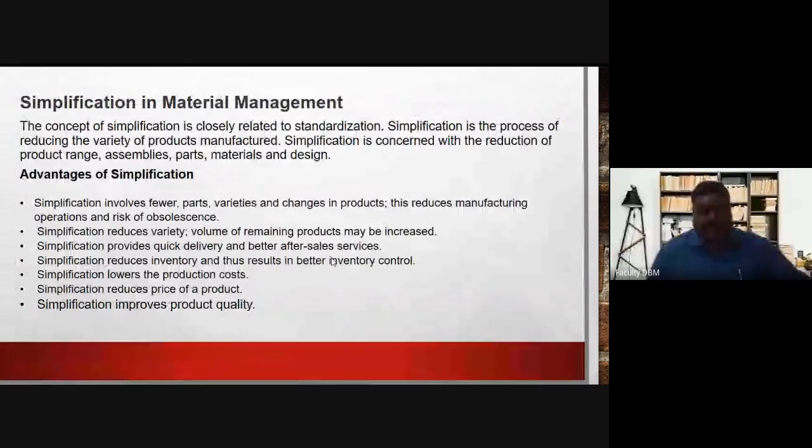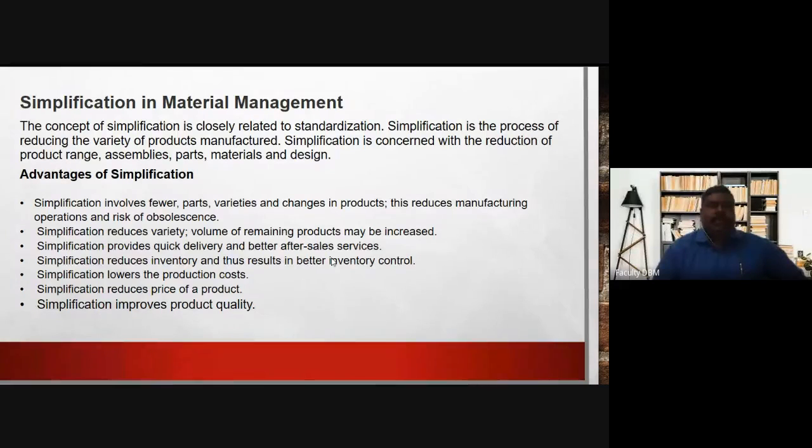To make standardization of these materials and simplification of materials management, we have to go for simplification of the process. Simplification is the process of reducing the variety of products manufactured, and it is concerned with the reduction of product range, assemblies, parts, materials, and design.